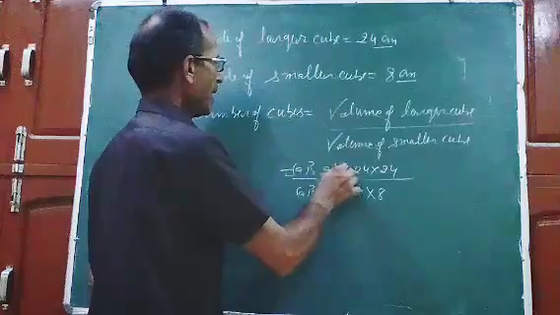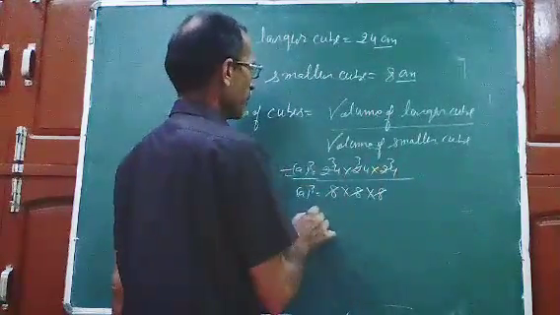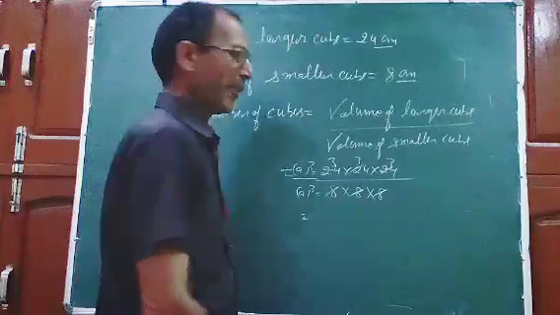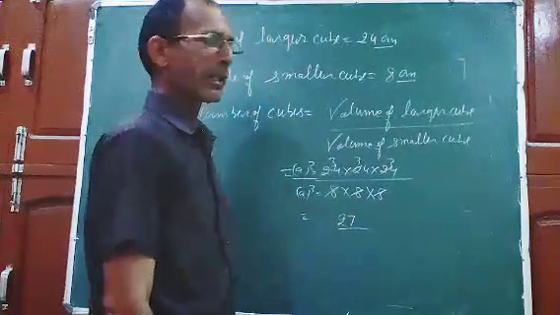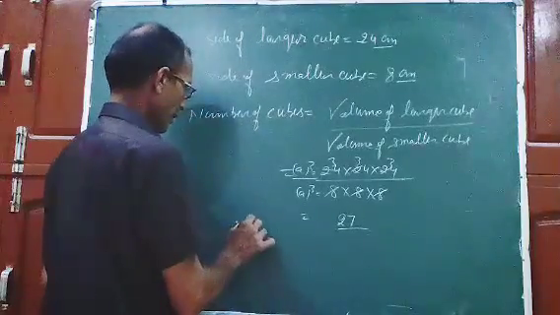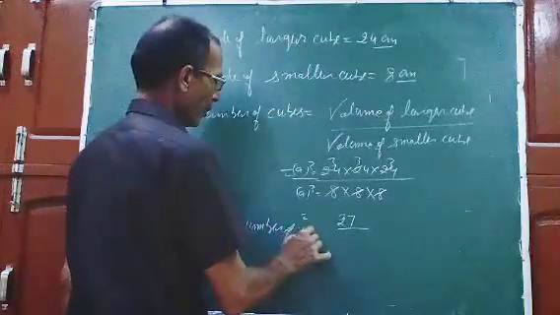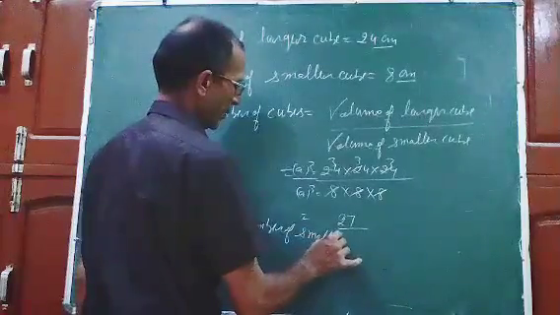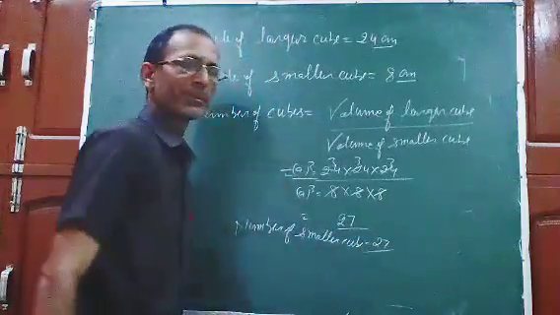So 8 3s are 24, 8 3s are 24, 8 3s are 24. 3 3s are 9, 3 9s are 27. So the number of smaller cubes is 27. Have you understood?